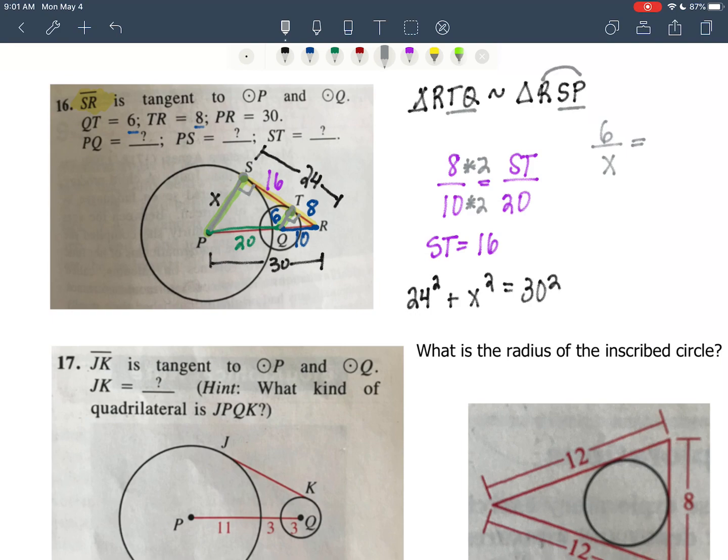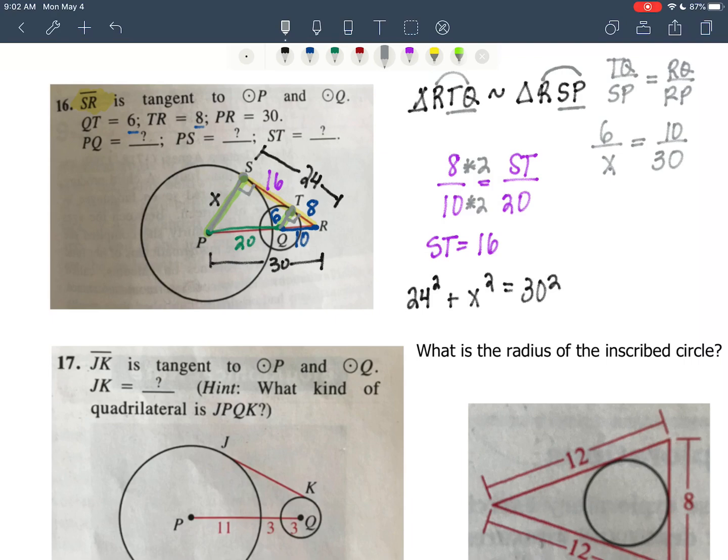So TQ is to SP as RQ is to RP. So TQ was 6, SP is X, RQ is 10, and RP is 30.